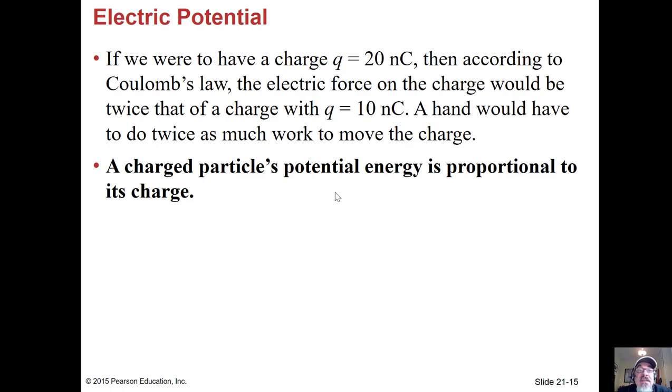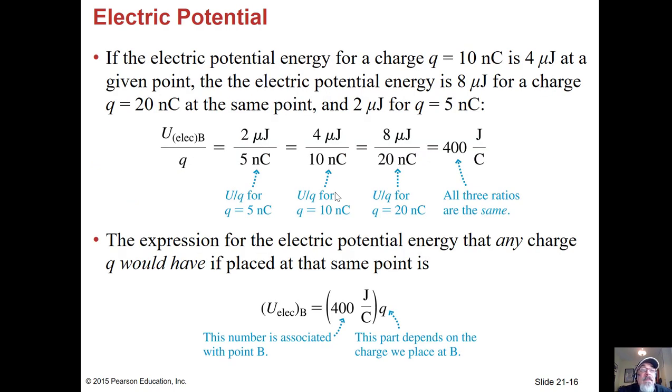Here we see that the electrical potential energy you have is proportional to how much charge you have as well. So if the electrical potential energy for a charge of 10 nanocoulombs is 4 microjoules at a given point, the electrical potential energy would have to be twice as much, or 8 microjoules, for 20 at the same point, and 2 microjoules for 5 nanocoulombs.